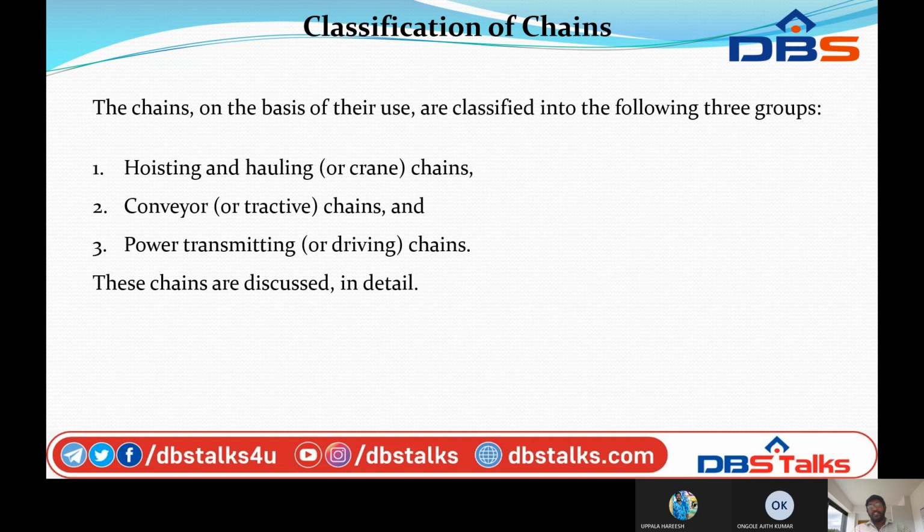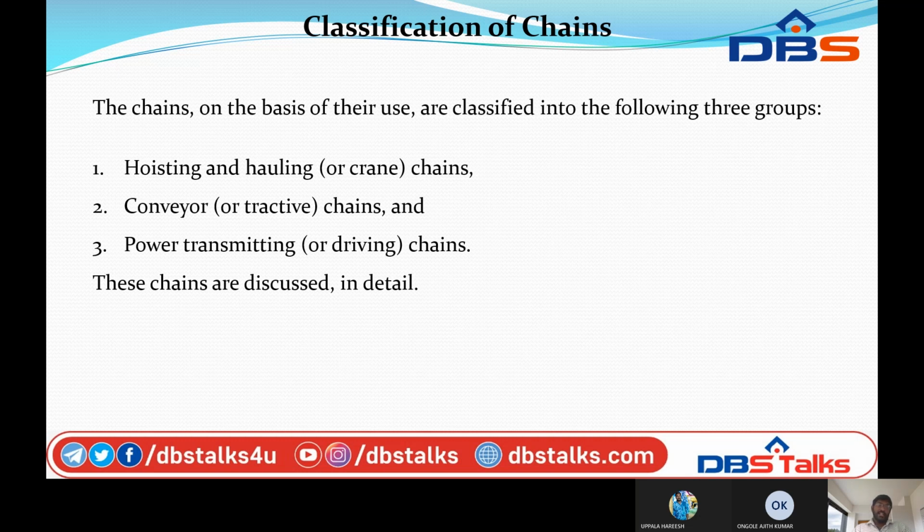The next topic is the classification of chains. The chains may be classified into three groups. The first one is hoisting and hauling or crane chains, then conveyor or tractive chains, and power transmitting or driving chains.